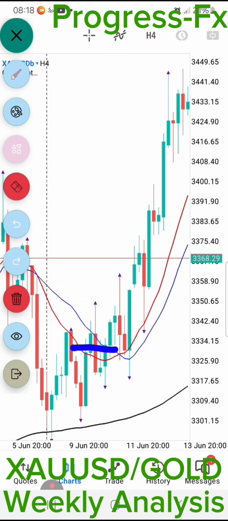But to be very sure, sometimes I wait for the 220 moving averages to cross, as you can see, before I start looking for the nearest demand and supply area.